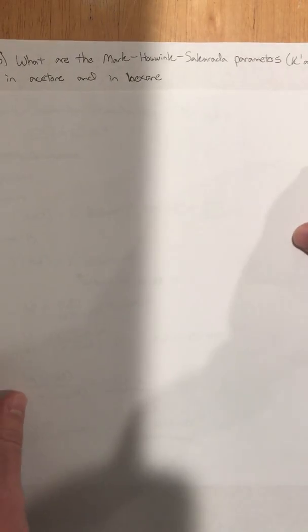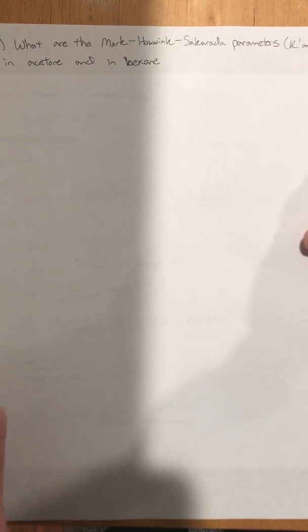Now for part B, it asks what are the Mark-Houwink-Sakurada parameters of K prime and A for the acetone and hexane solvents. We start with the MHS equation from page 270, equation 7.35, where the intrinsic viscosity is equal to capital K prime times the molecular weight raised to the A power.